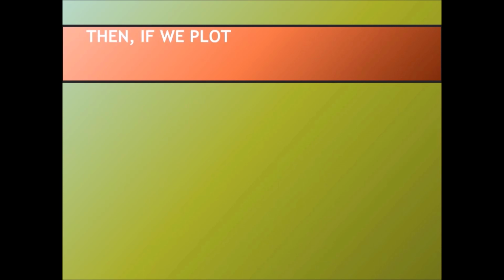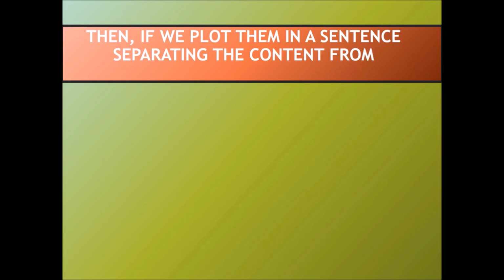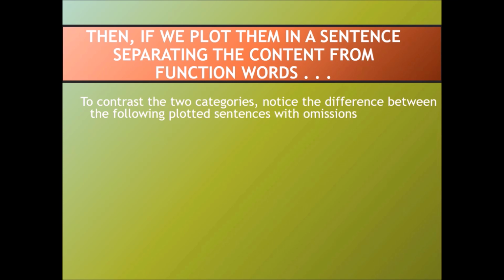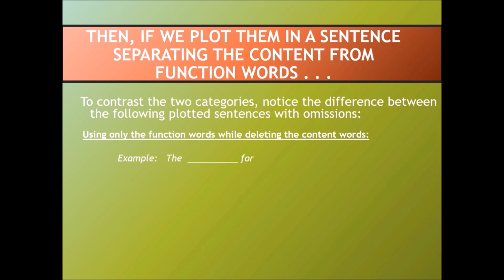If we plot them in a sentence separating the content from function words, to contrast the two categories, notice the difference between the following plotted sentences with omissions. Using only the function words while deleting the content words. Example, the blank for blank, the blank, blank to me.